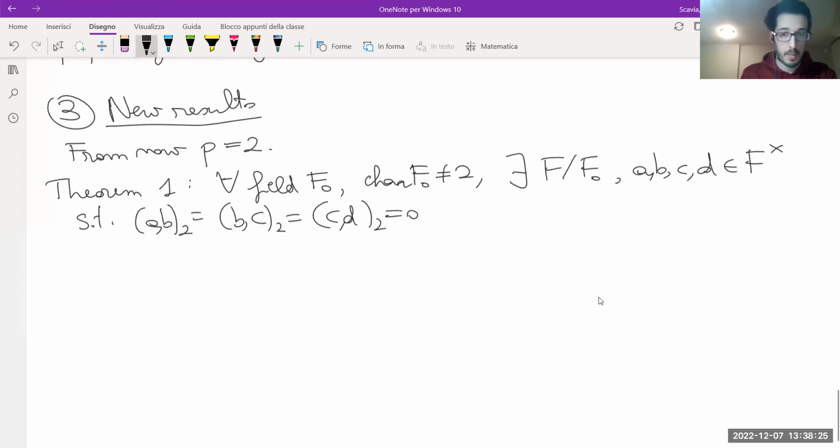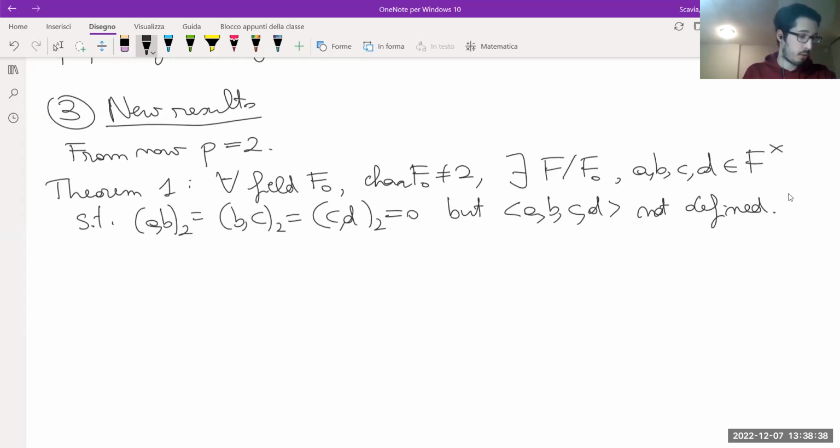But the fourfold Massey product ⟨a, b, c, d⟩ is not defined, and so it also does not vanish. As a comment, we can even take a equals d. So this will be a degenerate Massey product, where the first is equal to the last element.